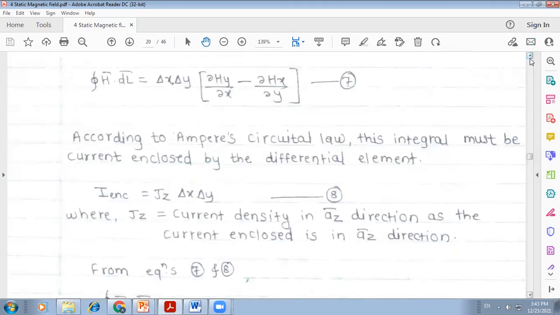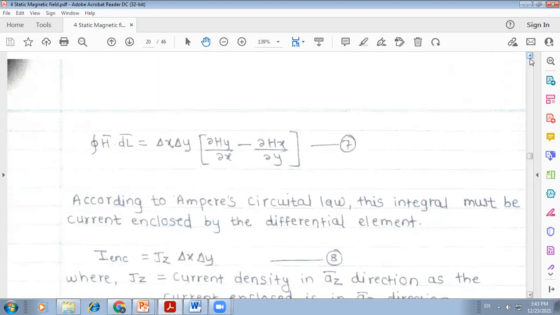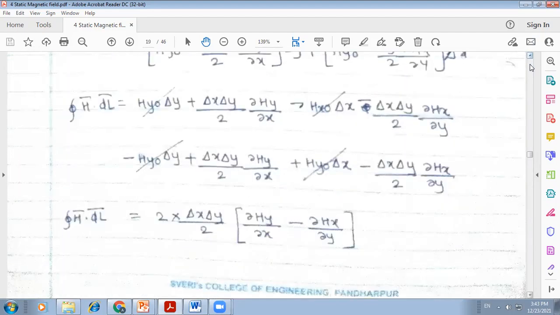So tomorrow we'll finish this Ampere circuital law application and after that we'll see the examples. This chapter is important, as the whole 16 marks question is asked from this chapter many times.